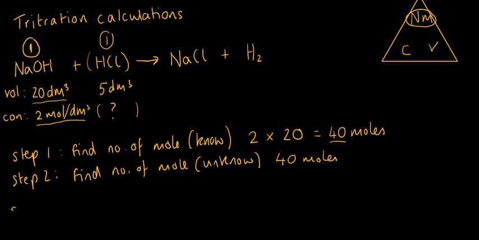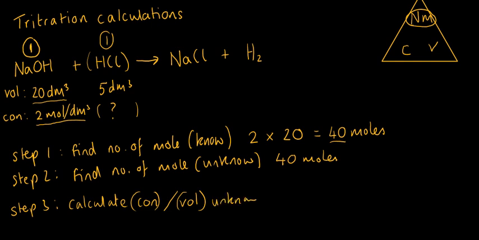Step 3 involves calculating what I need to work out. In this case, it's concentration. In some questions they're phrased differently and I might need to calculate volume, but we'll talk about that later. So now I'm going to calculate the concentration of the unknown. I look at my triangle: concentration is equal to the number of moles divided by the volume.